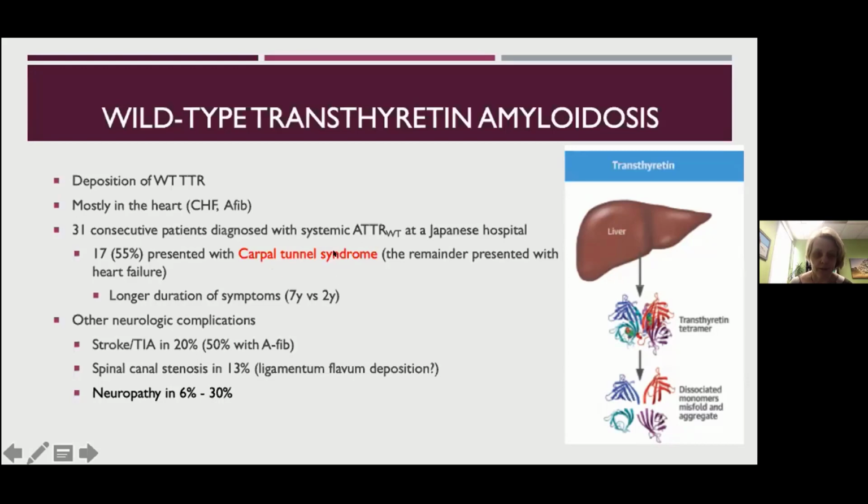And patients with wild-type transthyretin amyloidosis commonly also have other neurologic complications, such as stroke and TIA in 20% of patients. Very common, and it's a red flag symptom, is spinal canal stenosis, and then they have the normal sensory motor neuropathy.